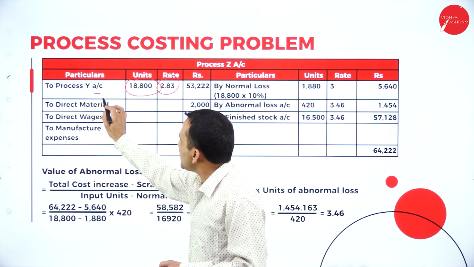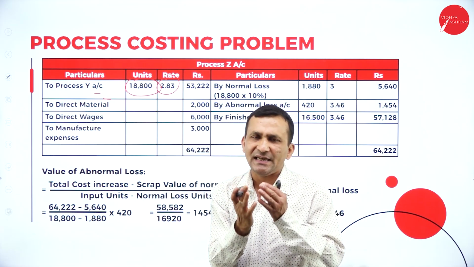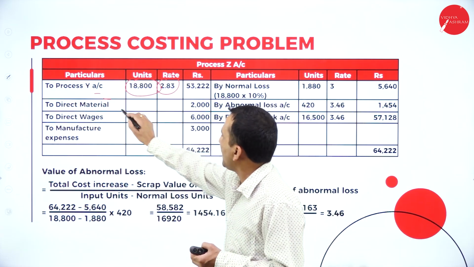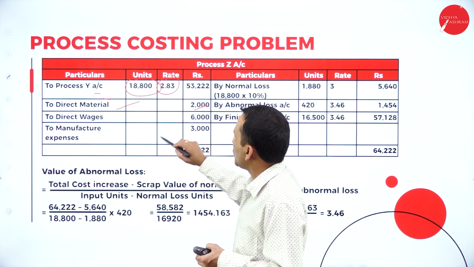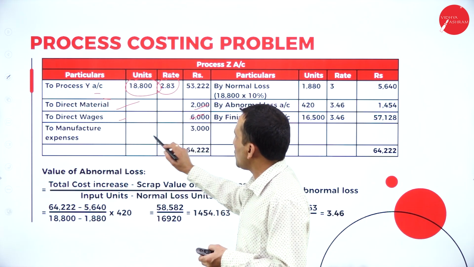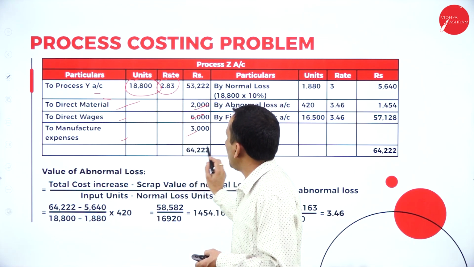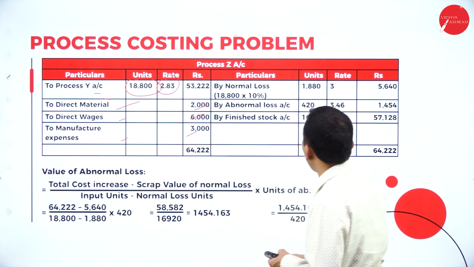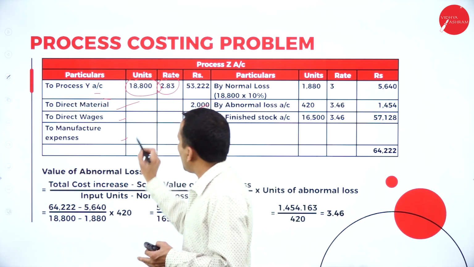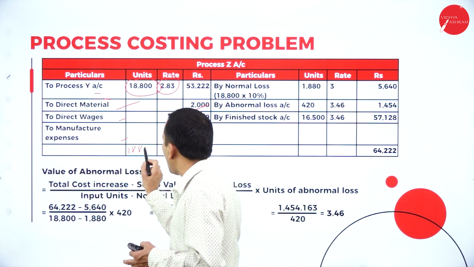For the rest of process Z, whatever value is given: direct material 2,000, direct wages 6,000, manufacturing expense 3,000. If you add together, which side do we get more value? Here 18,800.